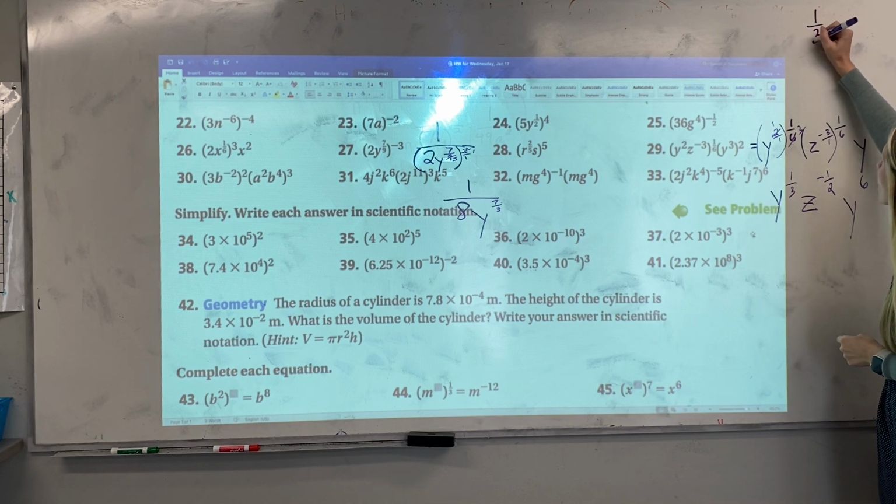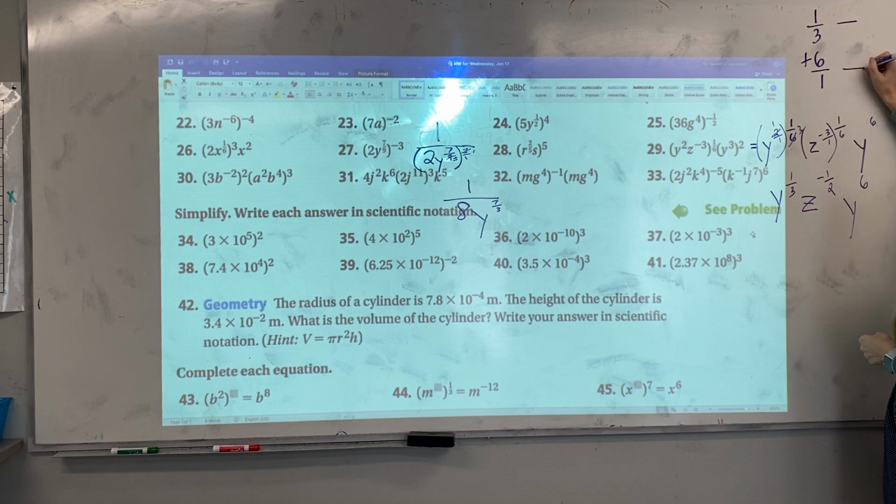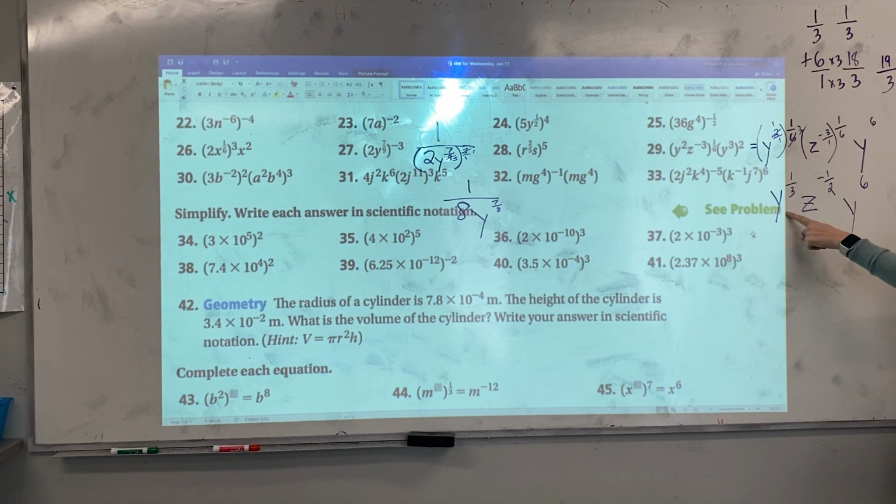So 1/3 plus the whole number 6, which I'll put over 1, just get common denominators, times 3 is 18. So we have 19 over 3. Are you guys with me on that? Yep. All right, so y to the 1/3 times y to the 6th is y to the 19 over 3.